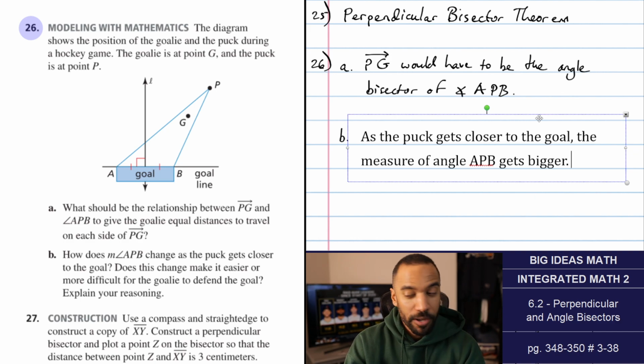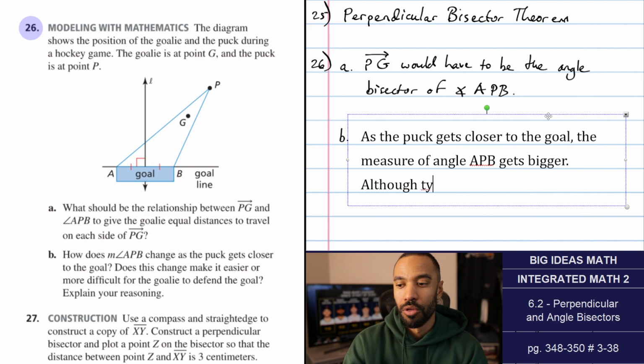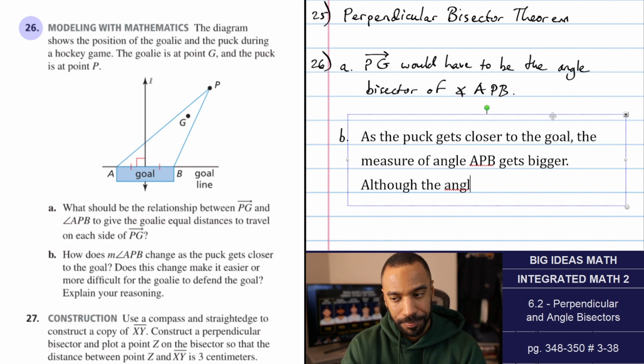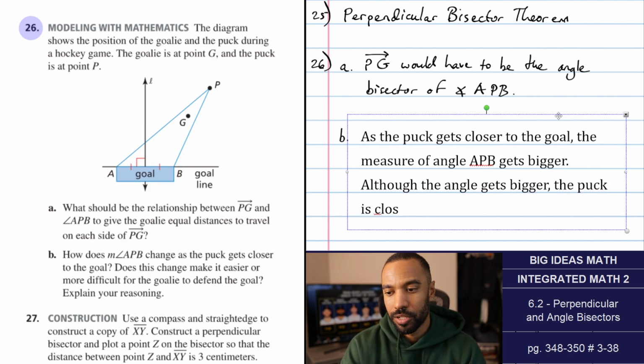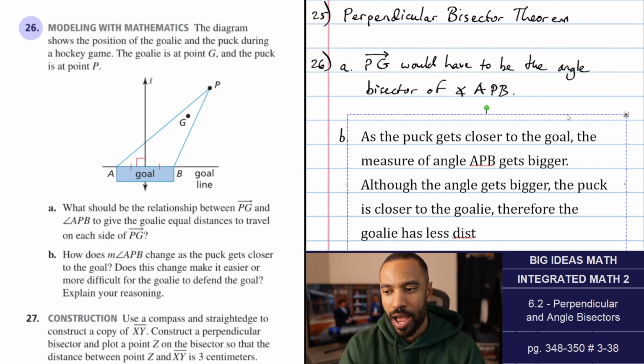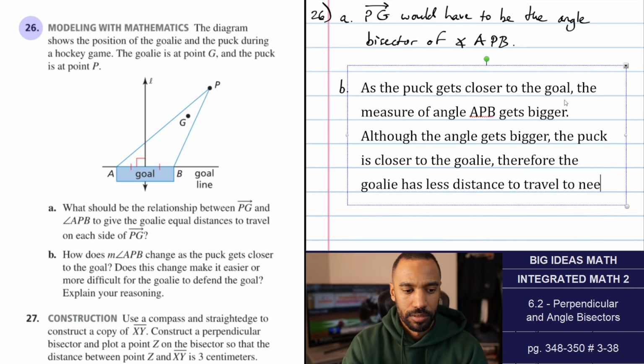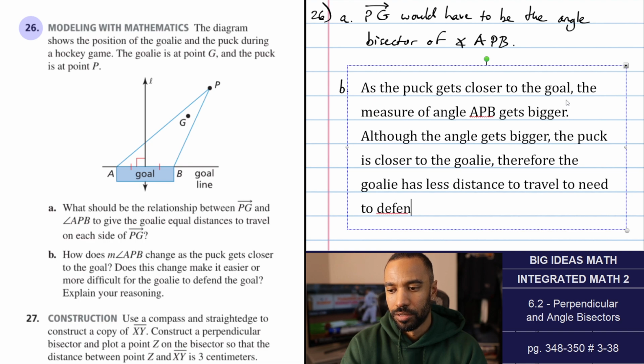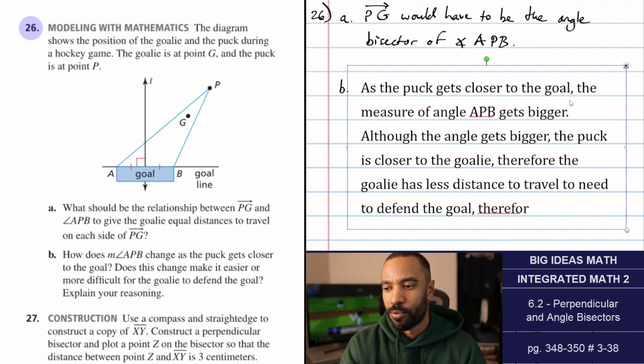I'm going to say, although the angle gets bigger, the puck is closer to the goalie. Therefore, the goalie has less distance to travel to defend the goal. Therefore, it could be easier.